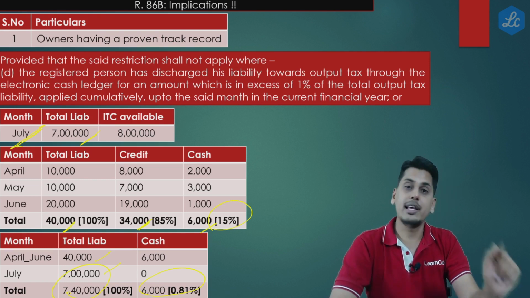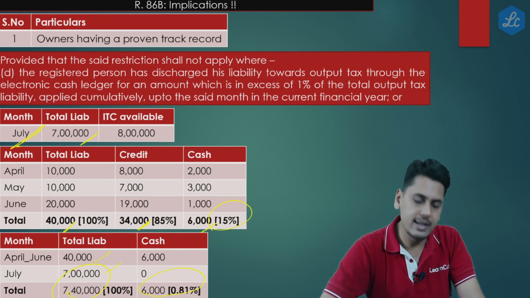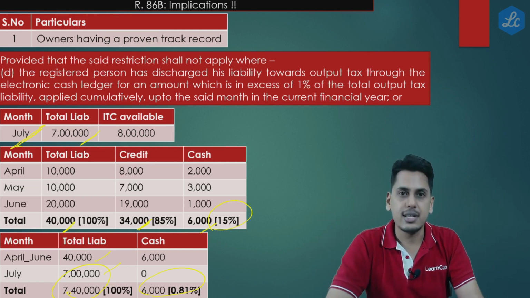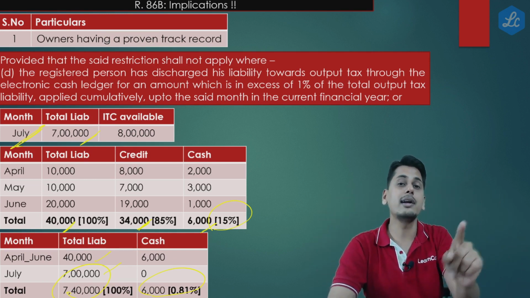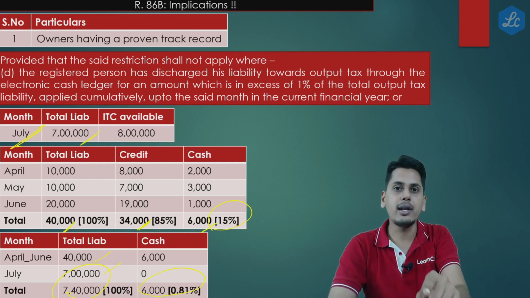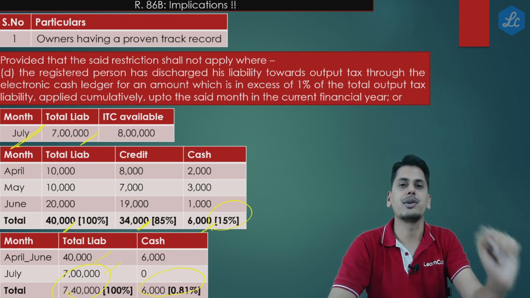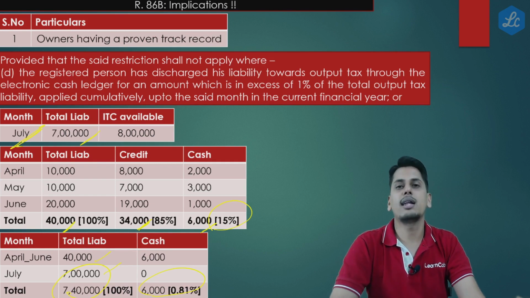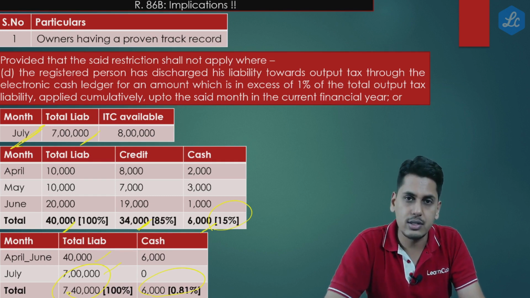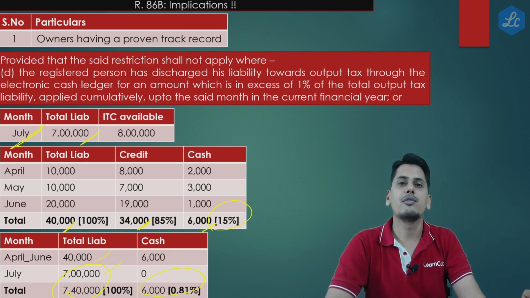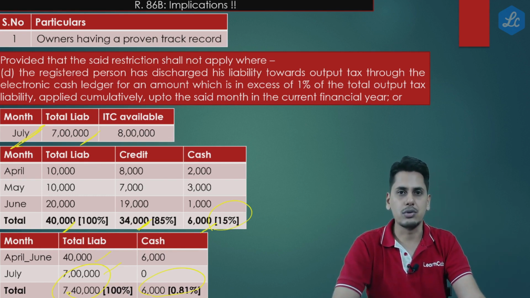I repeat, when I checked cumulatively, total liability 740, so far paid from cash 6,000. When I am saying total liability, it is including the output tax liability of the tax period July as well. 740 total liability, paid from cash ledger 6,000, falling short of 1%. So therefore, I will have to pay from cash ledger for the tax period July.